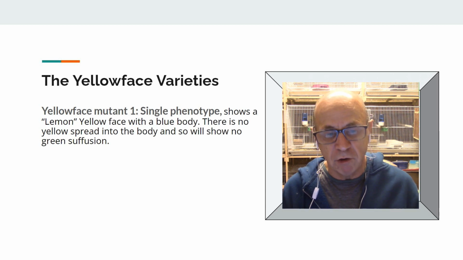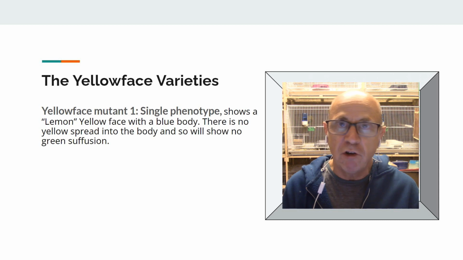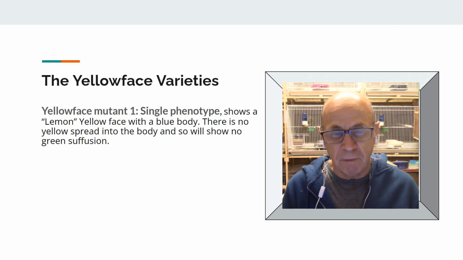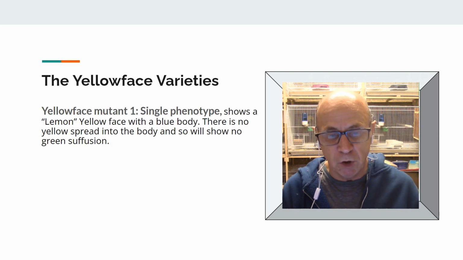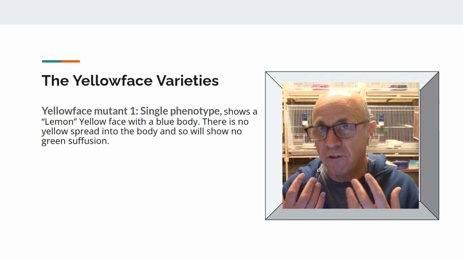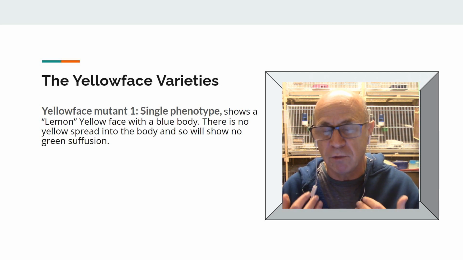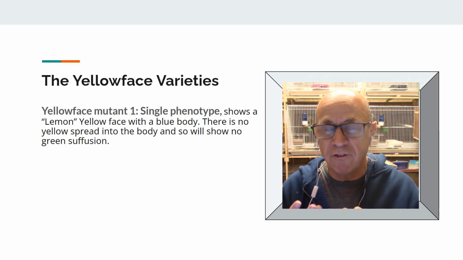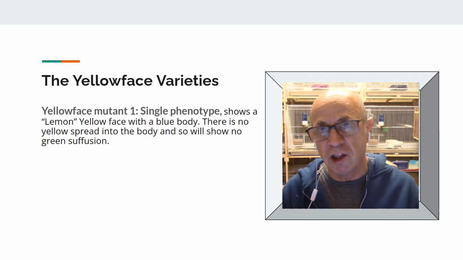So Yellowface Mutant 1, for this Yellowface variety, there is only one phenotype, and that shows a yellow lemon face with a blue body. One of the key features of this bird is that there's no spread of the yellow from the face into the body, so there's a clear division between the yellow in the face and the blue body, and there's no green suffusion.